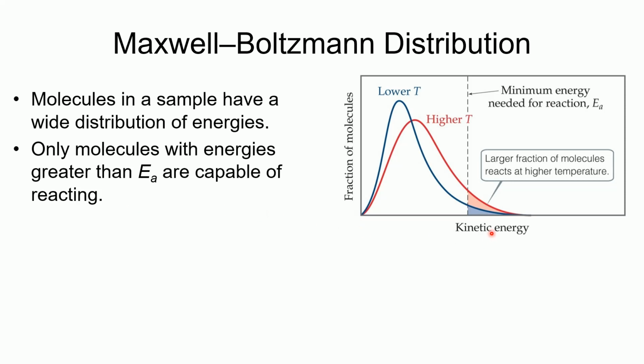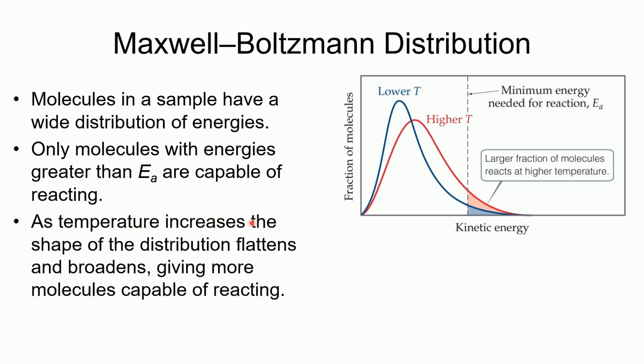Well, we will find that the area of the shaded area under the curve is going to be proportional to the rate constant. As the temperature increases, the curve will flatten and broaden so that we have more molecules that have more energy than that minimum amount of energy, the activation energy, and so we have more molecules that are capable of reacting.